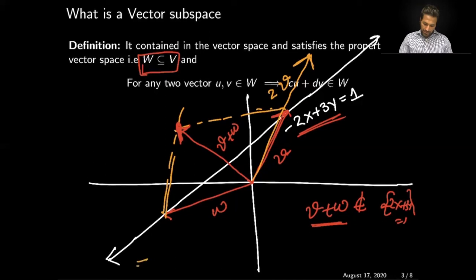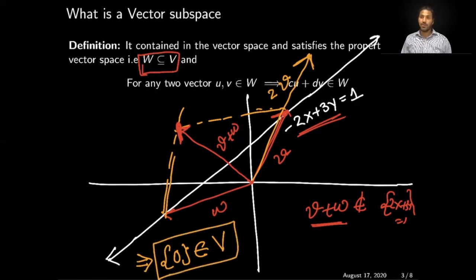A very important property of a vector space is that the zero element should always be inside the vector space as well as the vector subspace. If the zero element is not in it, that set is not going to be a vector subspace.